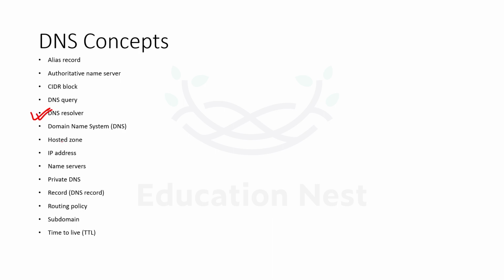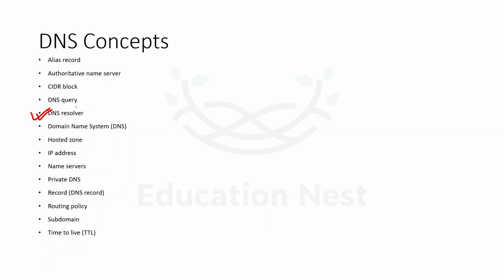Then we have the DNS resolver, the very first component checked for the IP address. It is a DNS server, often managed by our ISP, Internet Service Provider, or Cloudflare or Google. Someone would be managing that DNS resolver, right?